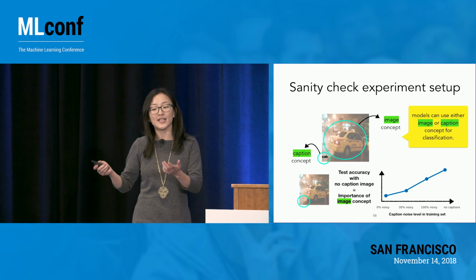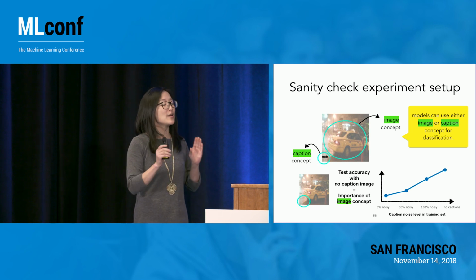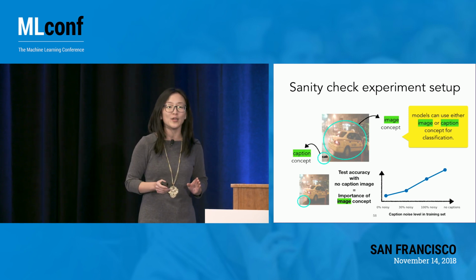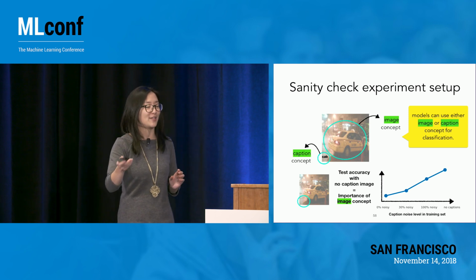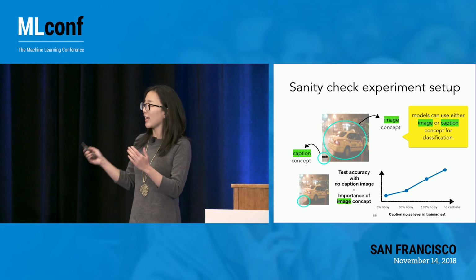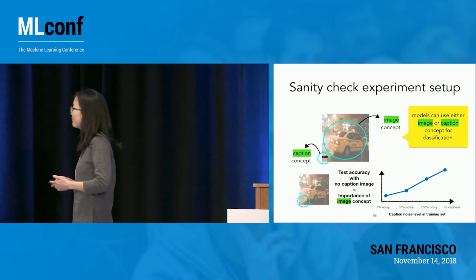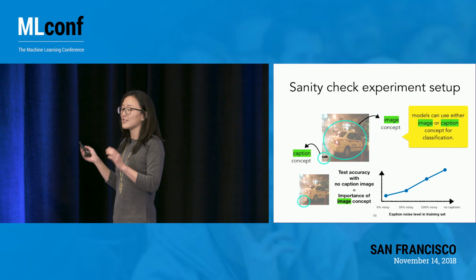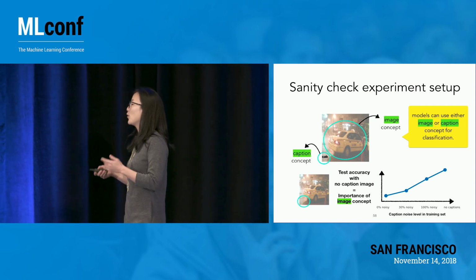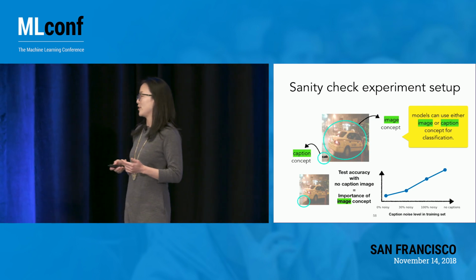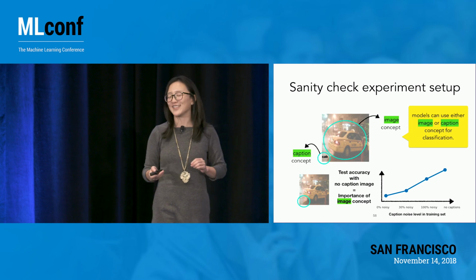Why? Because if the network considers the image concept important, then it would do pretty well with these test images. If it cared about the caption concept, it wouldn't do very well, right?